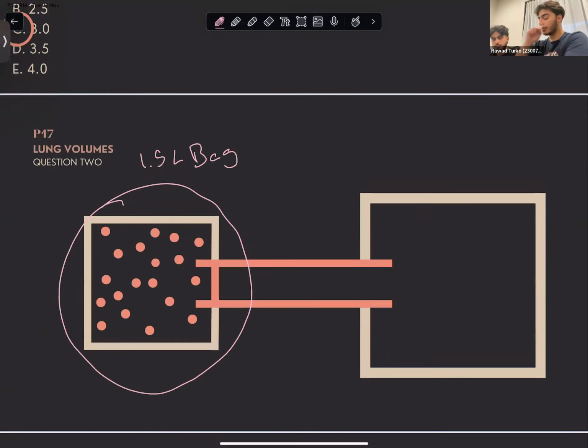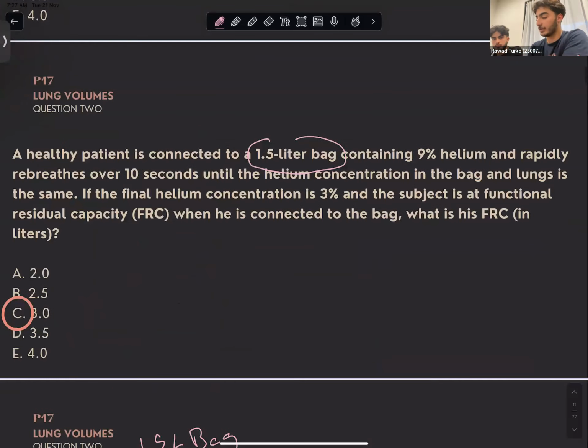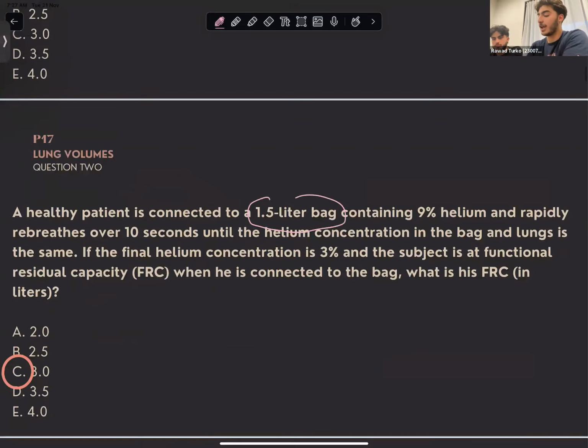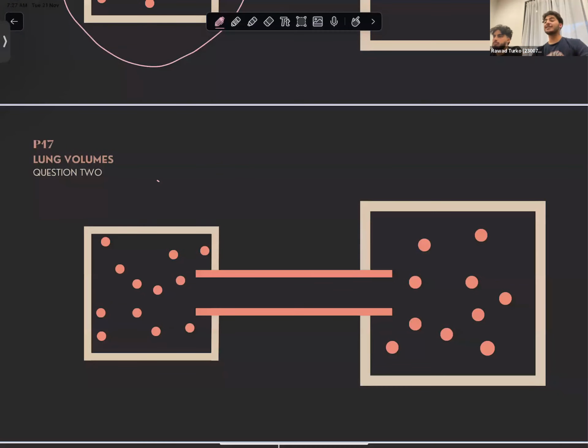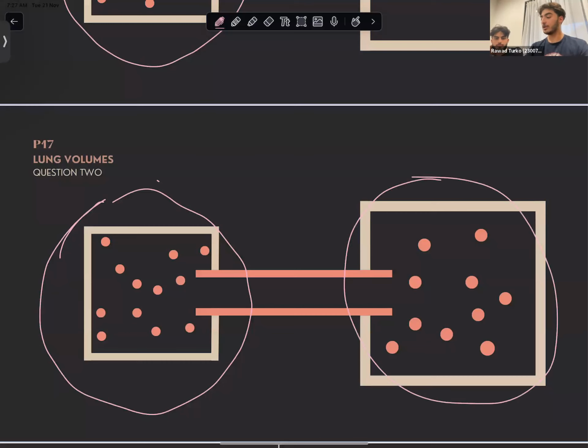Here you have a specific concentration of gas that they told you is 9%, and the volume obviously is 1.5. Once you open it up to the lungs, the gas that was originally just in here will be in both here and here. But the key concept is it will disperse equally among those two compartments: your lungs, or specifically your FRC, because that's what they said you have, and the same 1.5 liter bag.